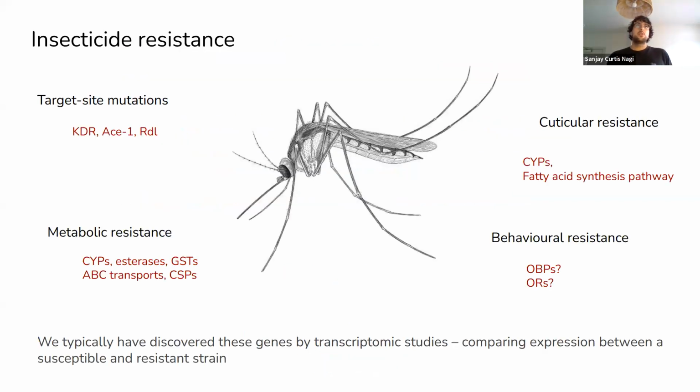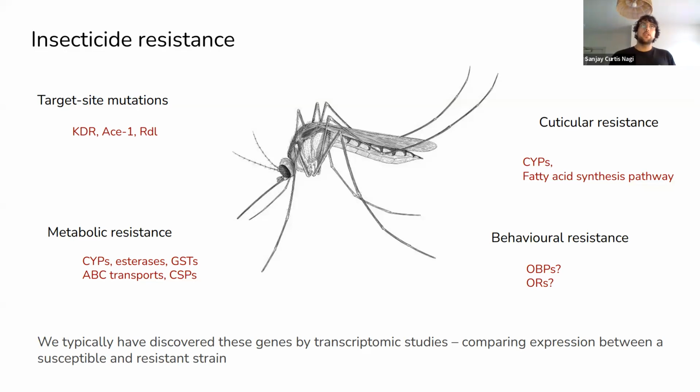So as we've seen in the workshop so far, insecticide resistance is an escalating problem in malaria mosquitoes that's threatening to curb the gains that we've made in malaria control in the past 15 or 20 years. And so the mechanisms of insecticide resistance can generally be split into 4 different categories.